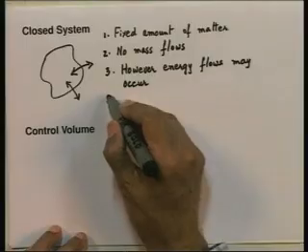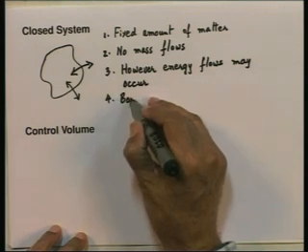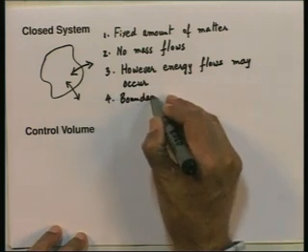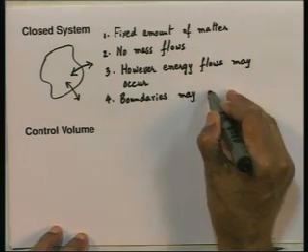And finally, the fourth thing to remember about a closed system is the boundaries may change with time as interactions take place.